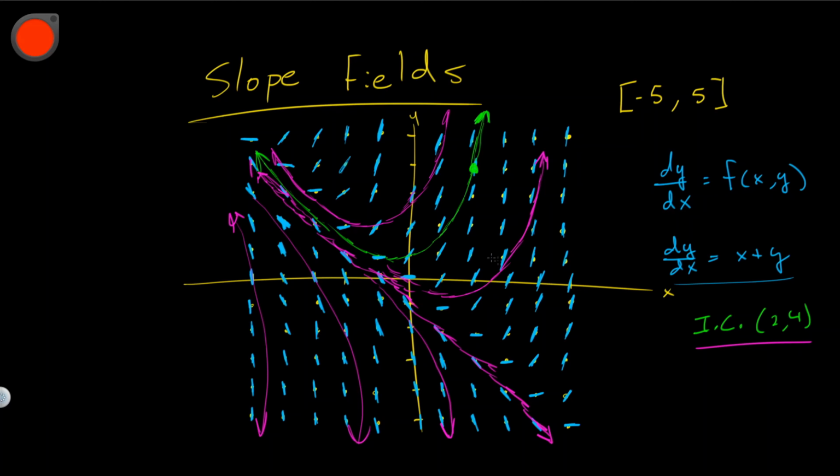So if you are feeling a little bit lazy, or you're just a normal person and you don't feel like drawing your own slope field, there is a website called mathgraphs.com. And this will give you the slope field for all the problems in the Larson textbook.